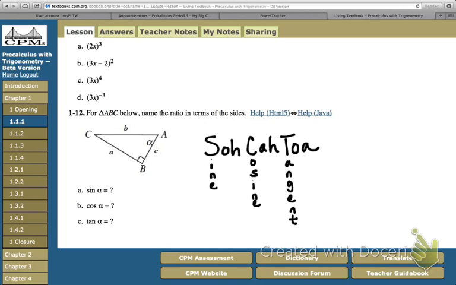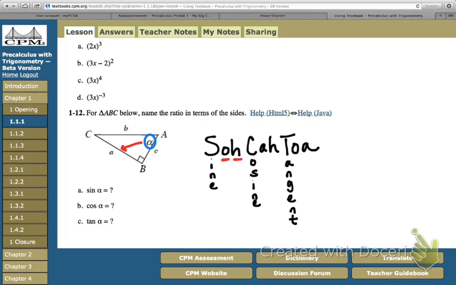So we're going to look at angle theta. Actually, not theta, alpha, which is this angle, so I'll circle that. We're looking at everything in relation to that angle. Now it says sine. If we're thinking of sine, we're looking at opposite over hypotenuse. So the side opposite alpha is the one across.